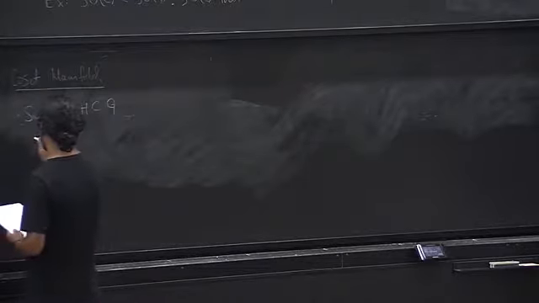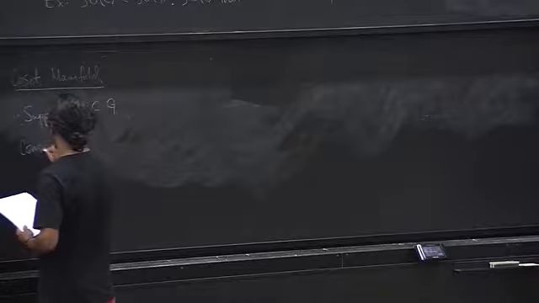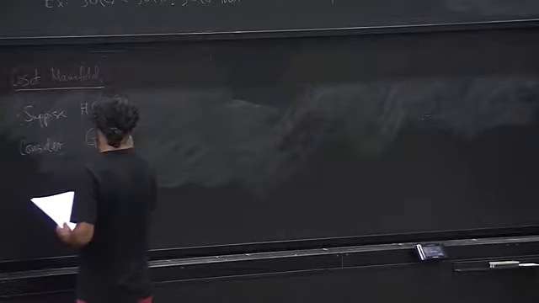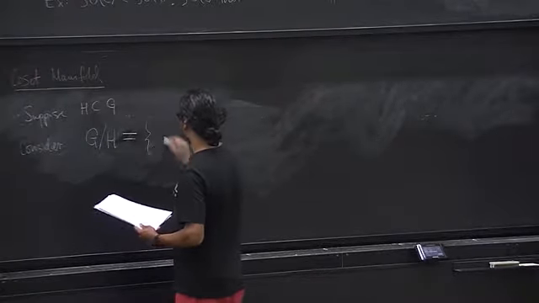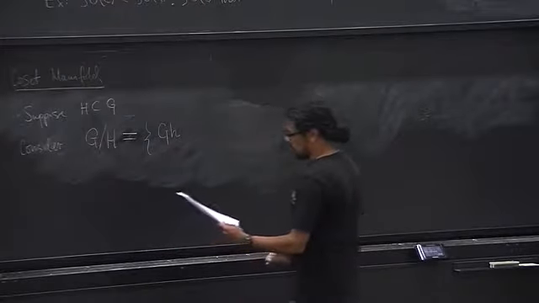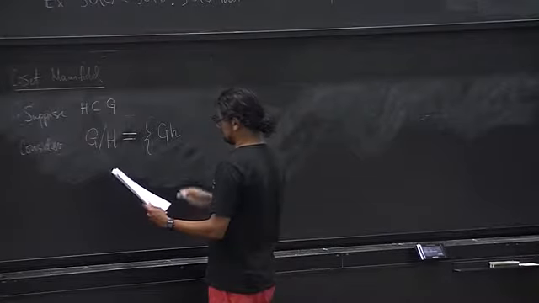And now consider the set, which I will denote by G by H, and it consists of all the right cosets.